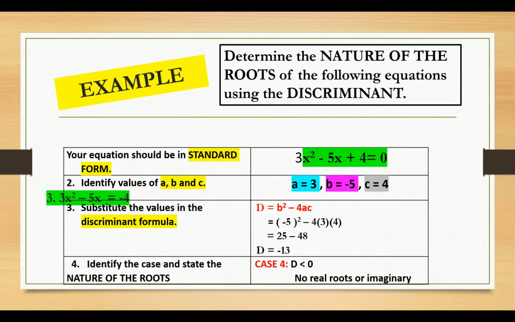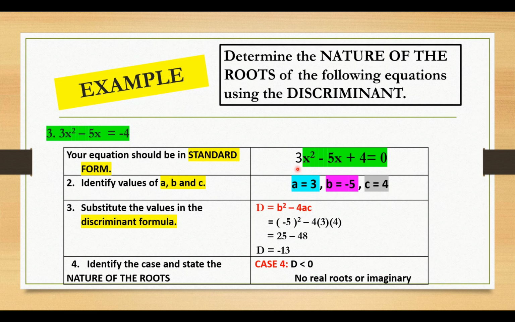Example number 3. We have the given equation 3x squared minus 5x equals negative 4. Again, just follow the 4 steps. Step 1, your equation should be in standard form. As you can see, the given equation is not yet in standard form, so you have to write it first in standard form.